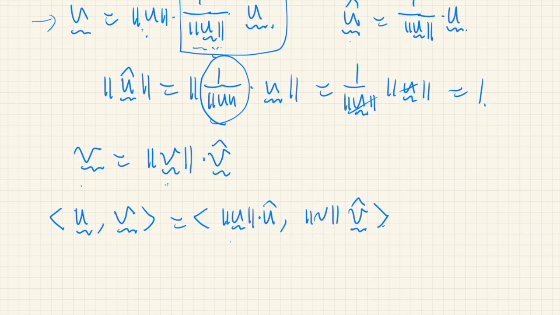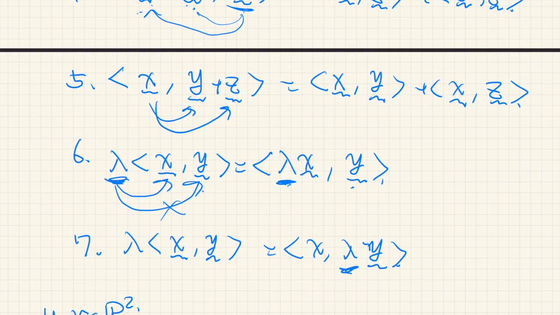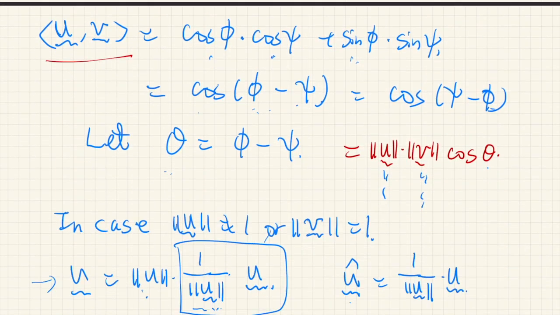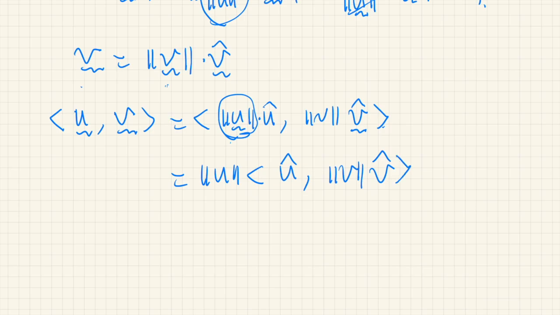According to the lemma, if something is multiplied to this vector, then we can take it out. So let's first take this scalar out, then we have u hat and v norm v hat.